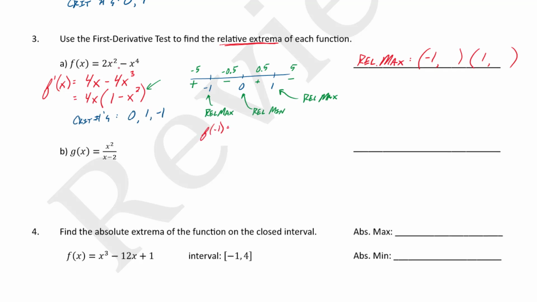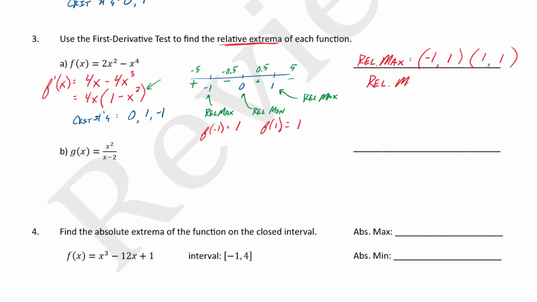If I plug that in, I'd end up with 2 minus 1, so that turns into +1. And if I plug in +1 for the other y value, that's going to also give me a 2 minus a 1 for a 1. So -1, 1 and +1, 1 are my two relative max points, or extrema.